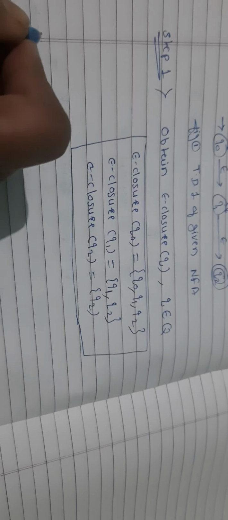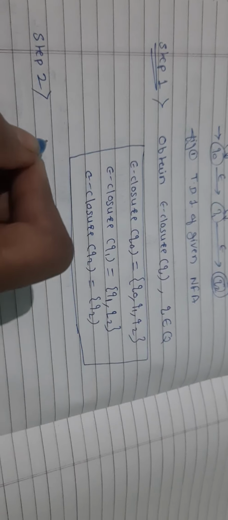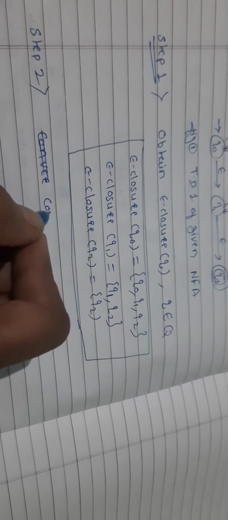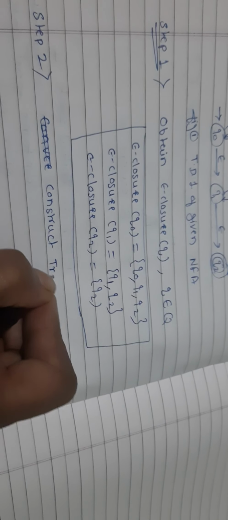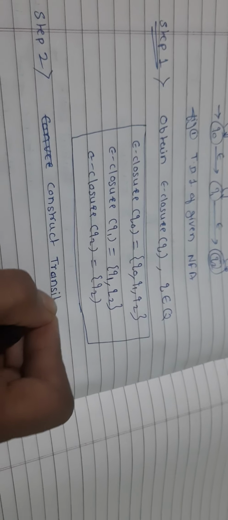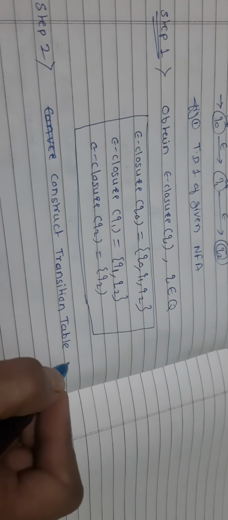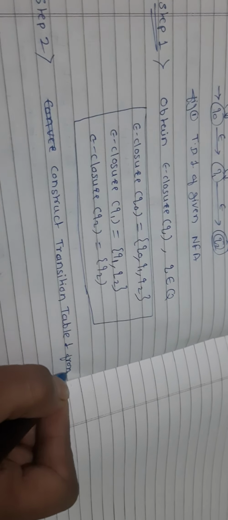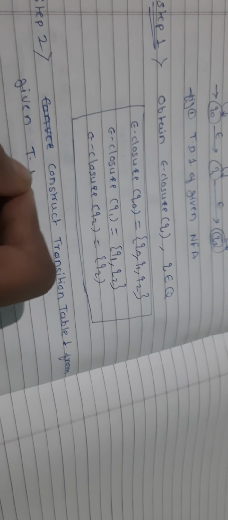Step 2 is to construct transition table 1 from the given transition diagram 1.